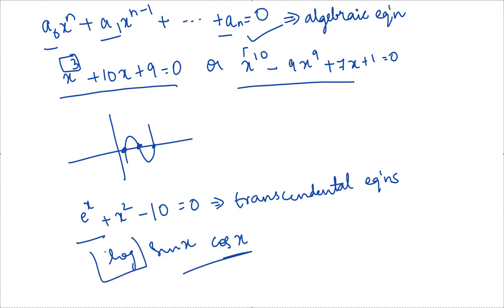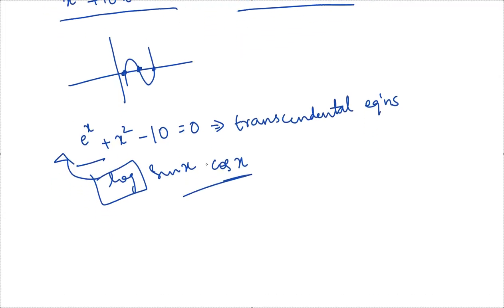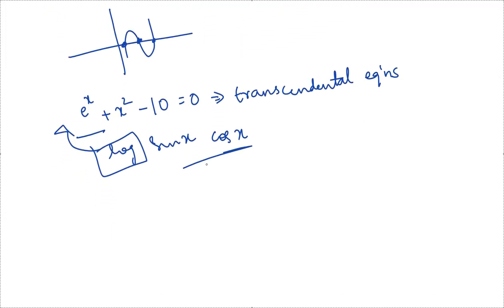These are transcendental functions, and if they are present in the equation, we call it a transcendental equation. How to find the roots of these transcendental equations is something we are going to see. The methods we will be seeing, like the bisection method, all of those help us to find the roots of these transcendental equations.